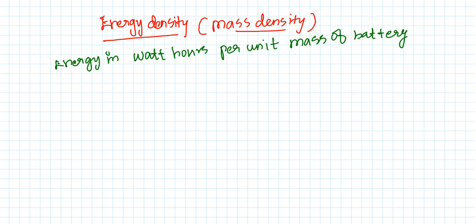The energy density is given by watt hour divided by kilogram, the weight of the battery.